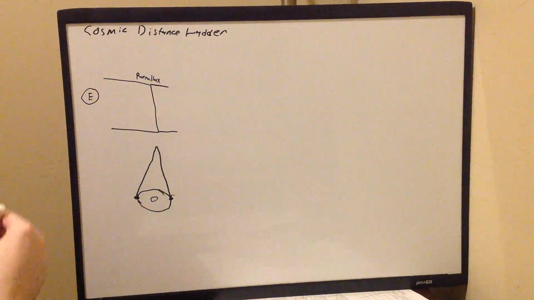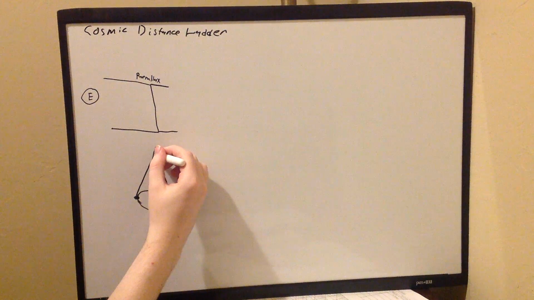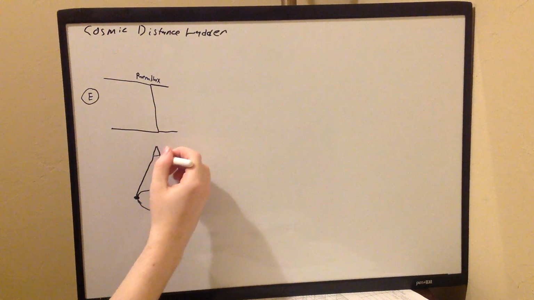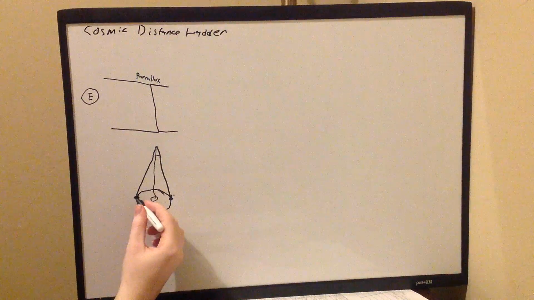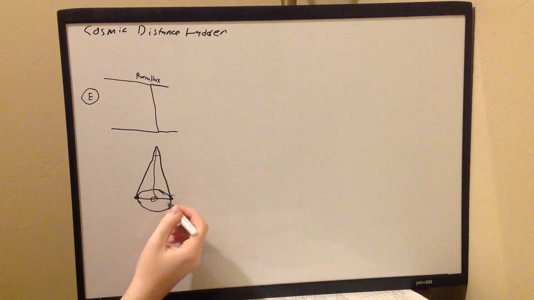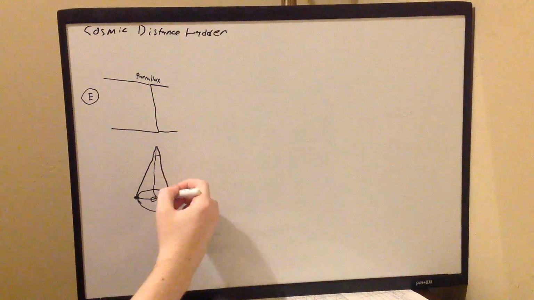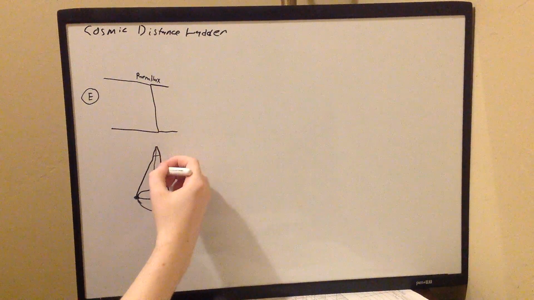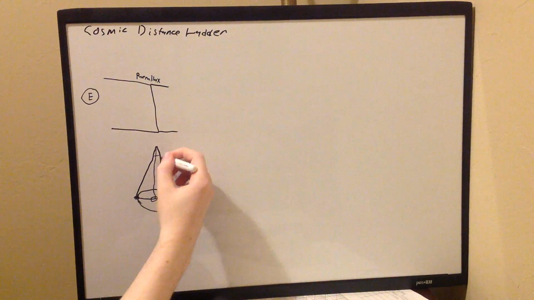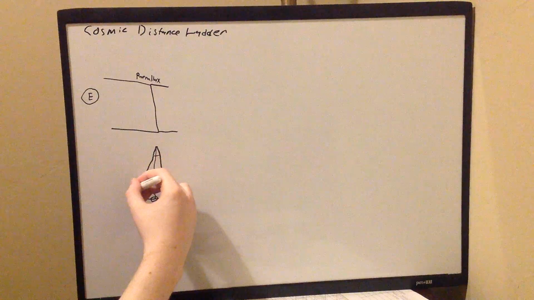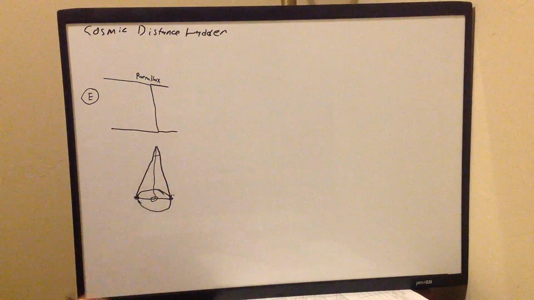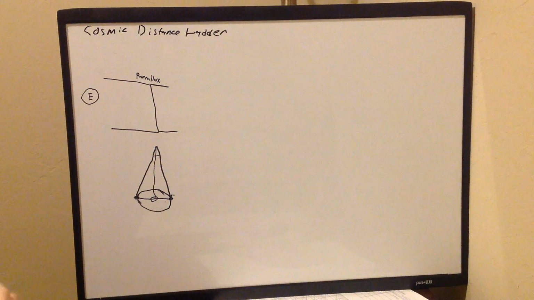And by looking at the angle by which it appears to change, we can use geometry to construct triangles and figure out this distance, using trigonometry basically. Using this angle and this distance, we can figure out how far away the object is from us. Parallax is a very solid way of figuring out distances.